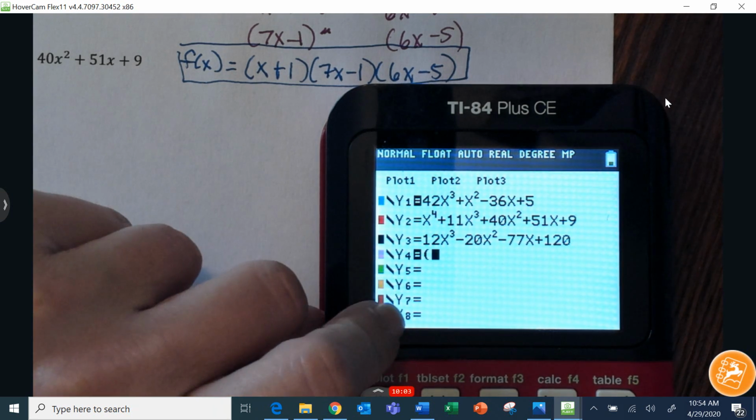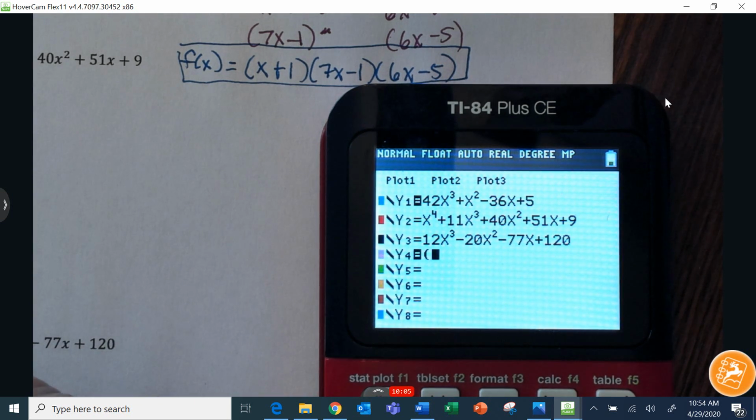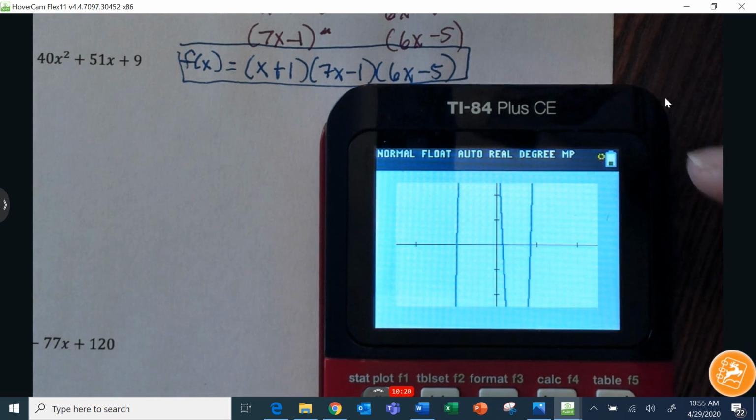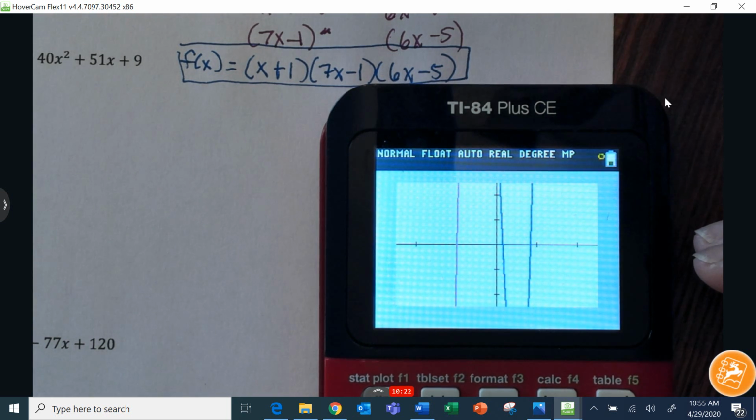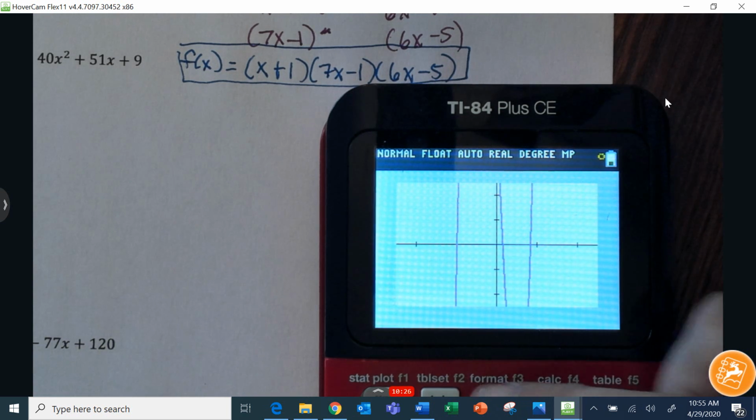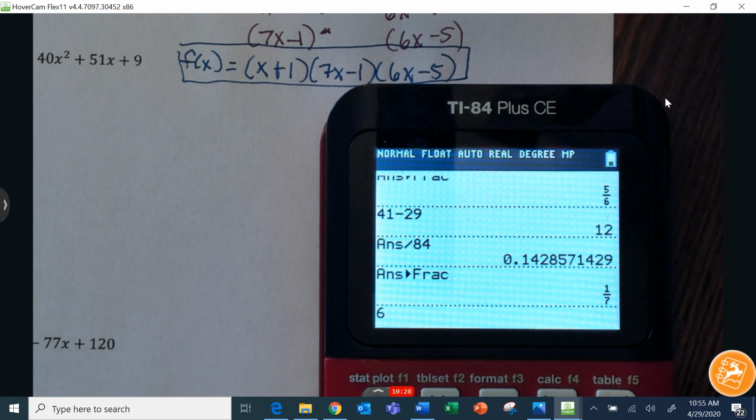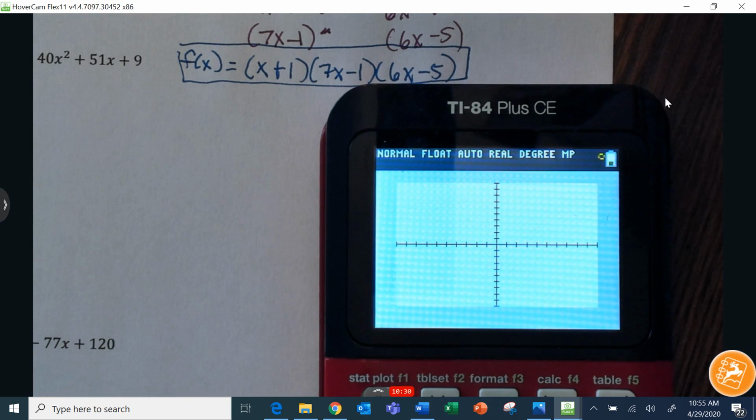So we're going to have x plus 1, 7x minus 1, and 6x minus 5. I'm going to graph those at the exact same time, and I'll also do zoom 6, so I have a regular window.